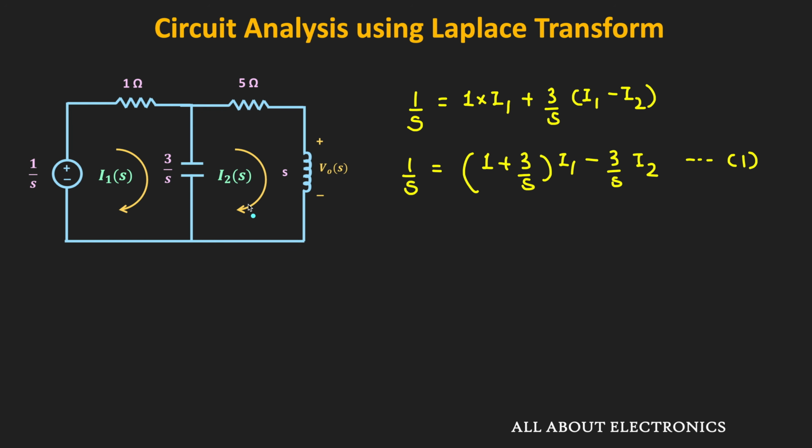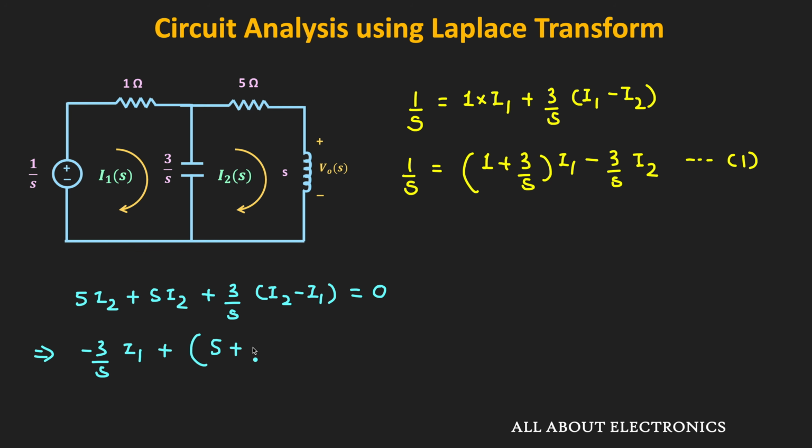Similarly, now let us apply the KVL in the second loop. So applying the KVL, we can write this 5 times I2 plus S times I2 plus 3 divided by S times (I2 minus I1), and that is equal to 0. Or further we can write it as minus 3 divided by S times I1 plus (5 plus S plus 3 divided by S) times I2, and that is equal to 0.